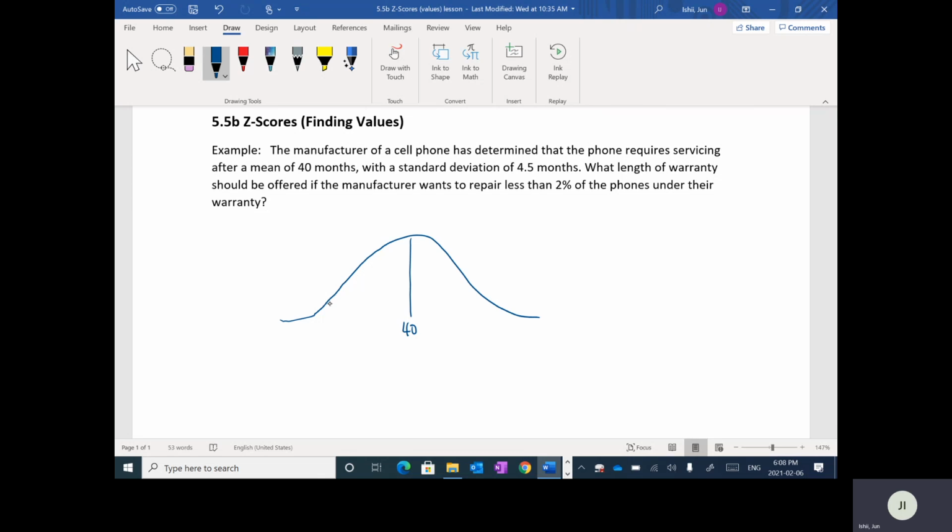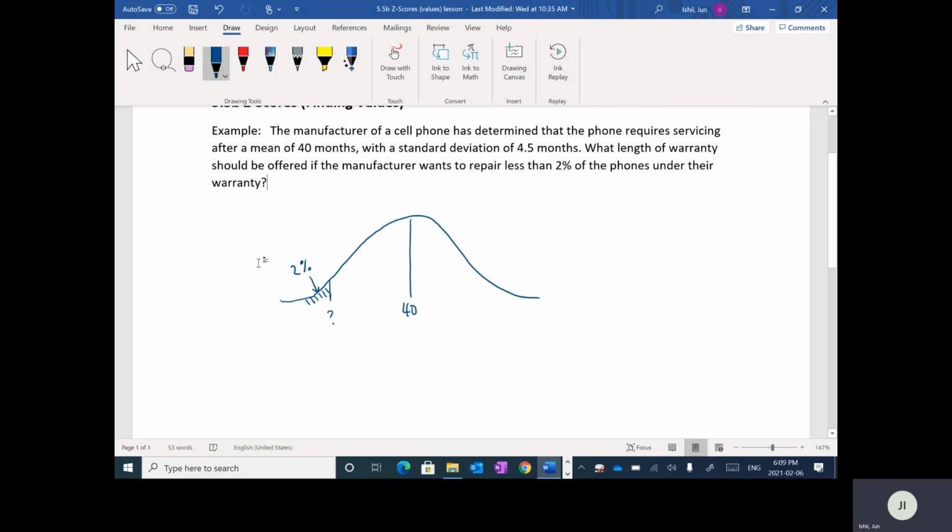We want to figure out what this warranty should be such that the percentage here is 2%. We're doing things backwards. Last video, we were trying to find the percentages for this marker. This time we're trying to find x given the percentage. Hopefully that makes sense.